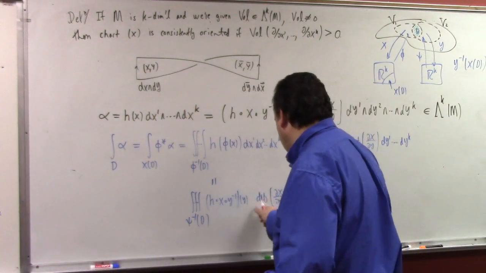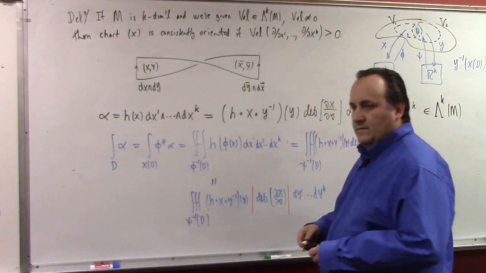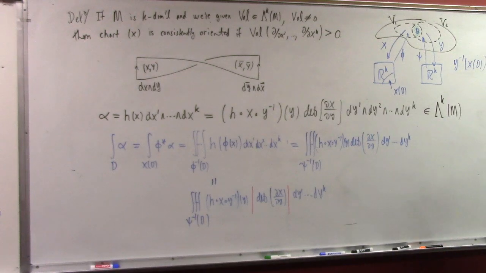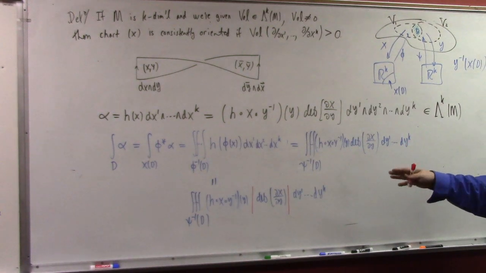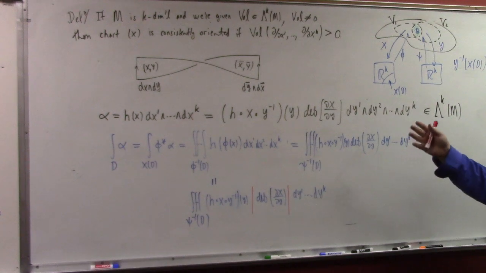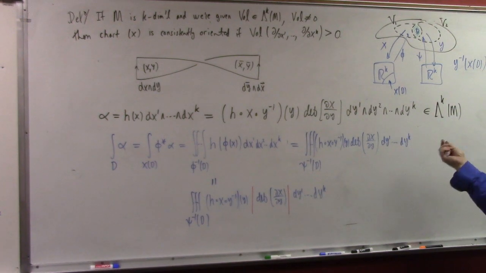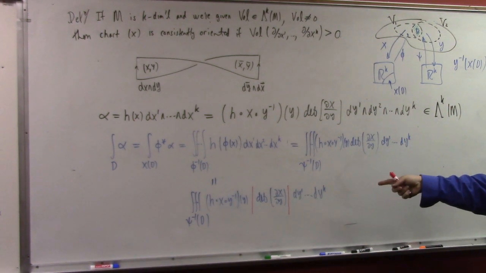So, think about this. If your manifold's not consistently oriented, you run into ambiguities here. See, on the one hand, you could just change coordinates for the integral in R^k and have the absolute value there. On the flip side, if you take your form up on the manifold and choose the y coordinates, which are left-handed, whereas your x's are right-handed, then this gives you minus what that is.